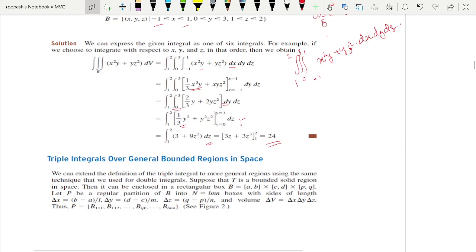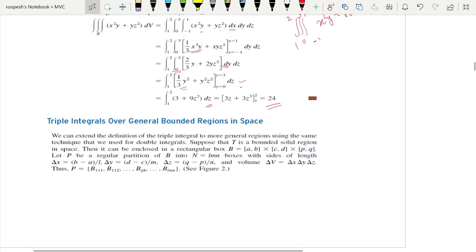Triple integrals over general bounded regions in space. We have come across the same case when dealing with double integrals also. We converted the surfaces into rectangles, and in general cases we cannot have such perfect rectangles. So what we are going to do is define another function, right?